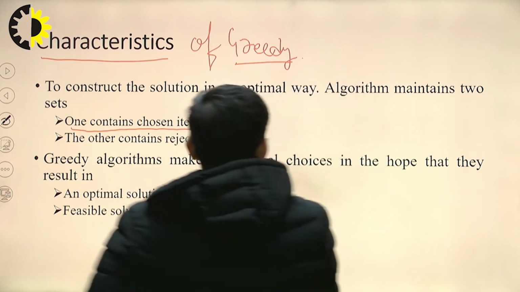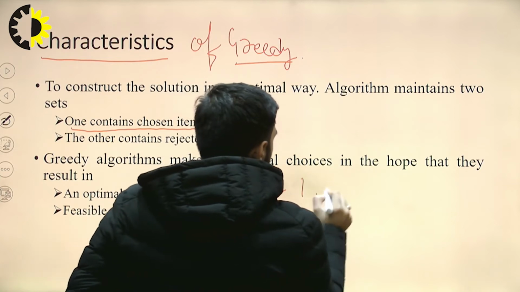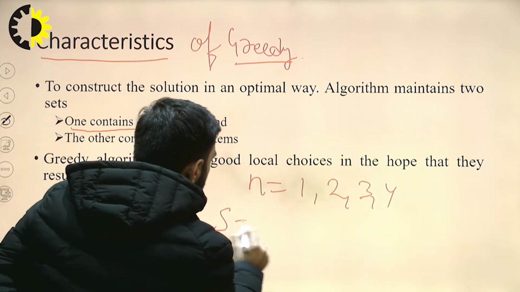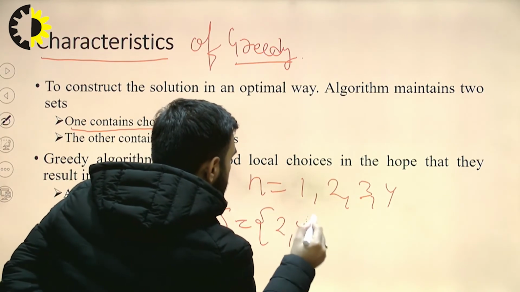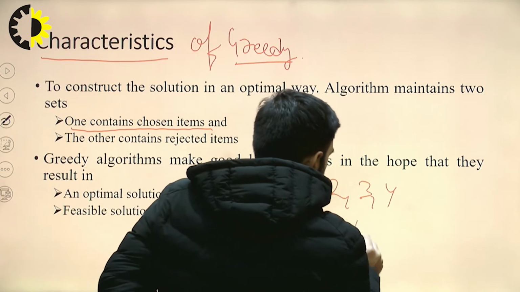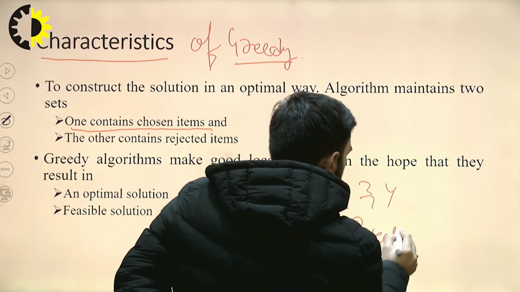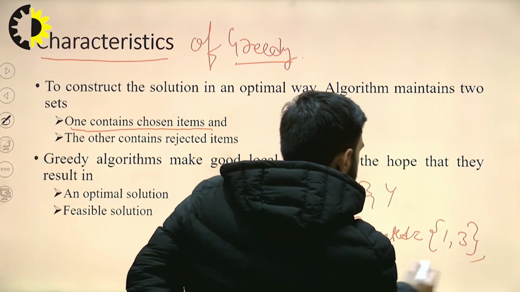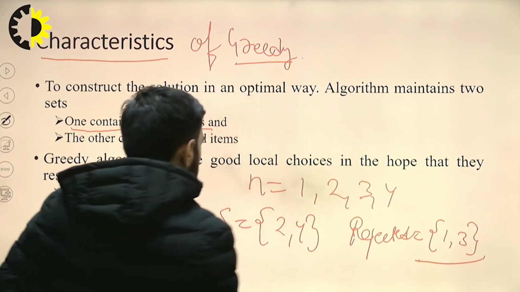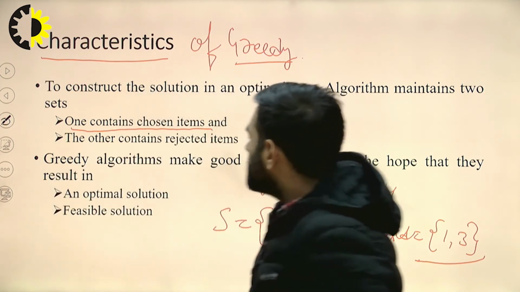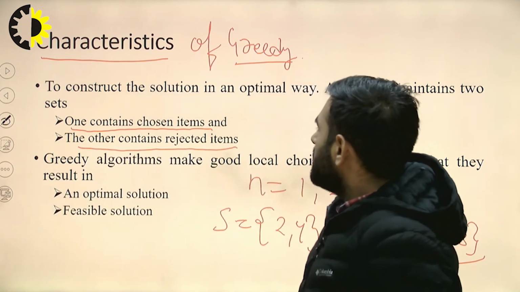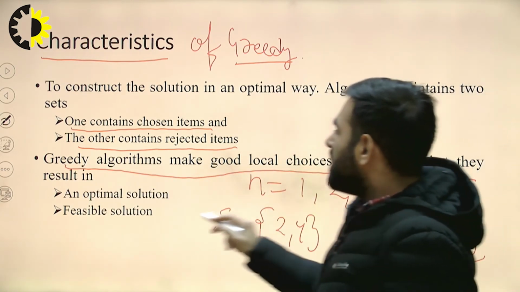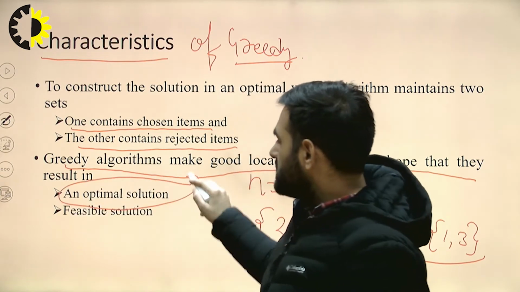Suppose in the domain 1, 2, 3, 4 is given, but in the solution array we have only 2 and 4. So the rejected items are 1 and 3 because these are rejected, and the final solution array is 2 and 4. Greedy algorithms make good local choices in the hope that they result in an optimal, feasible solution.